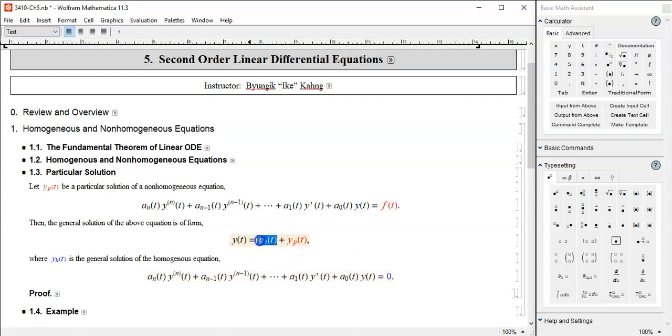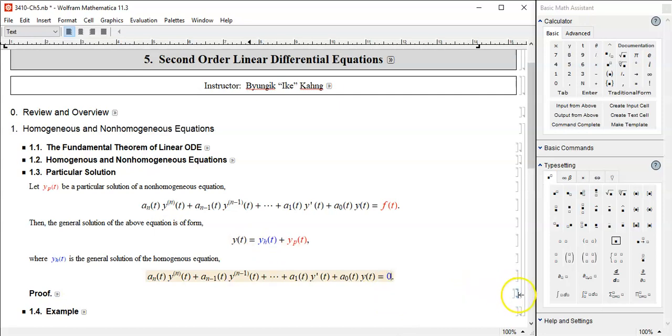So this will have n integral constants, c1, c2, c3, up to cn. And this is very general, and this is just one solution. So if you find something general about this homogeneous part, then you can solve anything, as a matter of fact. That's why homogeneous is so important.